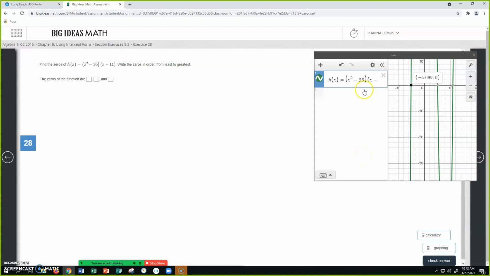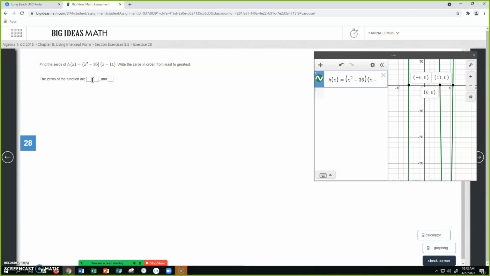I made a little typo right there. I hit a 2 instead of a 3. That'll change that. Now it's going to be what I expected: -6, +6, and then the other one was going to be 11. So that's exactly what I thought they would be right there.